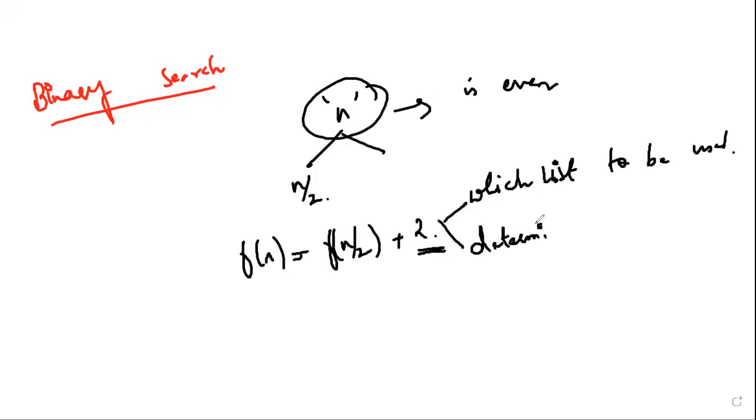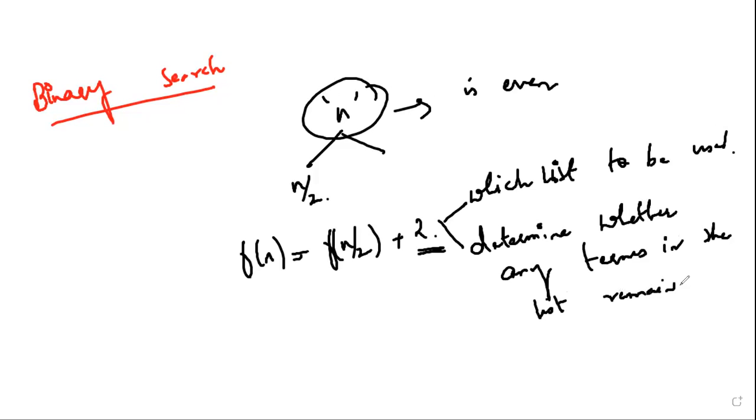What does this mean? Suppose we do not find the key, then we should be able to see that the array does not contain the key. So these are the 2 extra operations required for binary search.